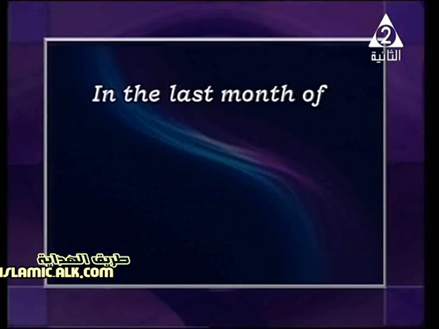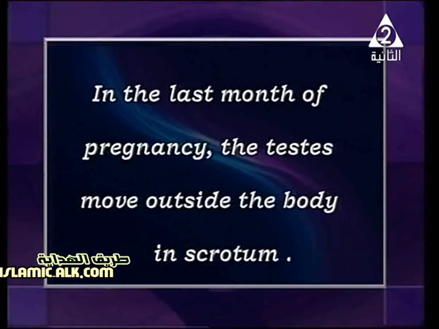And after that, in the last month of pregnancy, we are talking about the male inside his mother's uterus. In the last month of the pregnancy, the testes move outside the body into the scrotum or scrotal sac.